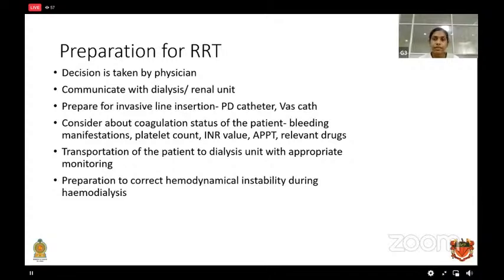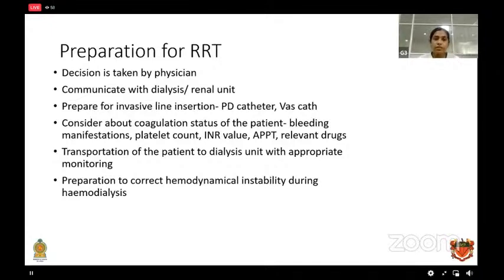Usually peritoneal dialysis is done in the ward. So before putting that, you have to consider the risk of bleeding. So go through the drug chart again: anticoagulant, antiplatelet drugs, clotting profile, platelet count. Alert your seniors if there are any abnormalities.